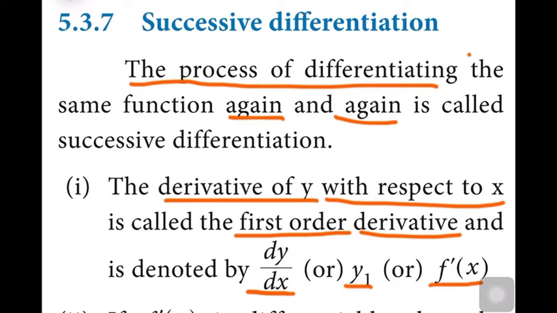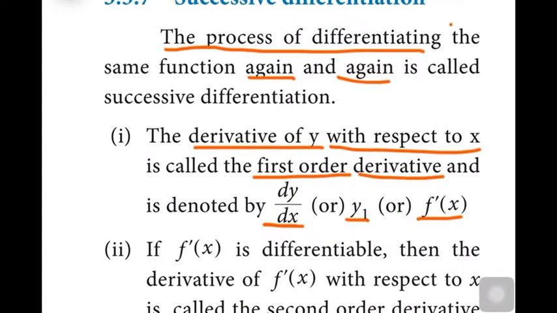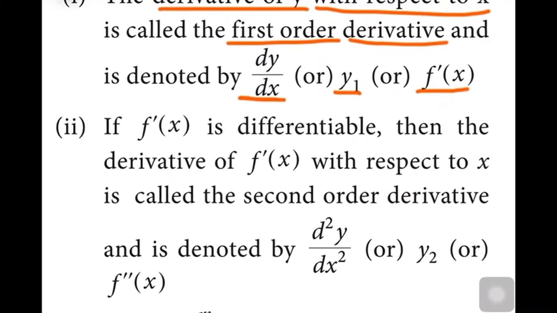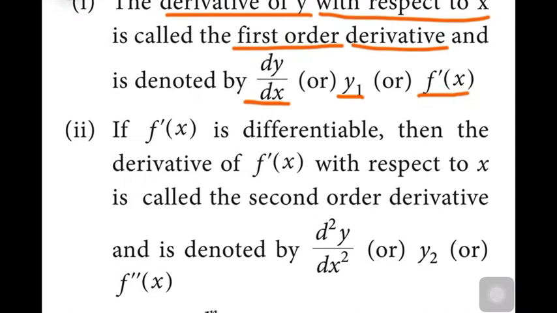So, if dy by dx is the first order derivative, then what is the second order derivative? Yes, that is d square y by dx square. If we differentiate this dy by dx again, that is the second order derivative. If we find the derivative of y1 again, you will get y2.